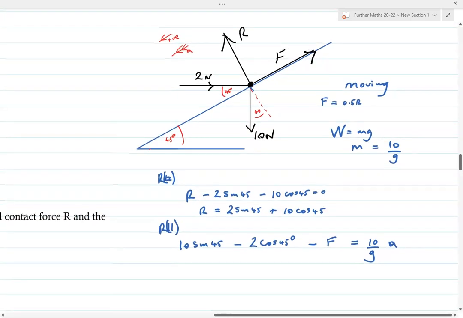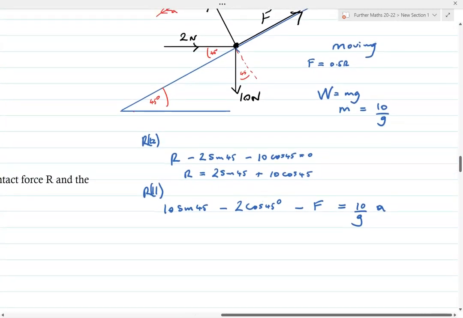We're also told that f is equal to 0.5 r, so we can just put 0.5 of all of these into our equation.